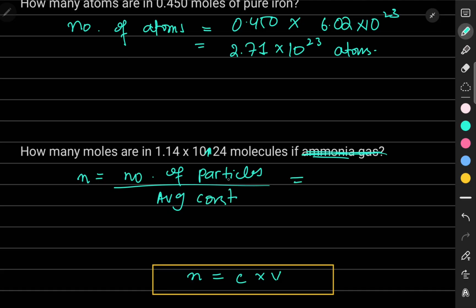So you're going to get 1.14 into 10 to the power 24 divided by 6.02 into 10 to the power 23, which gives you 1.89 moles.